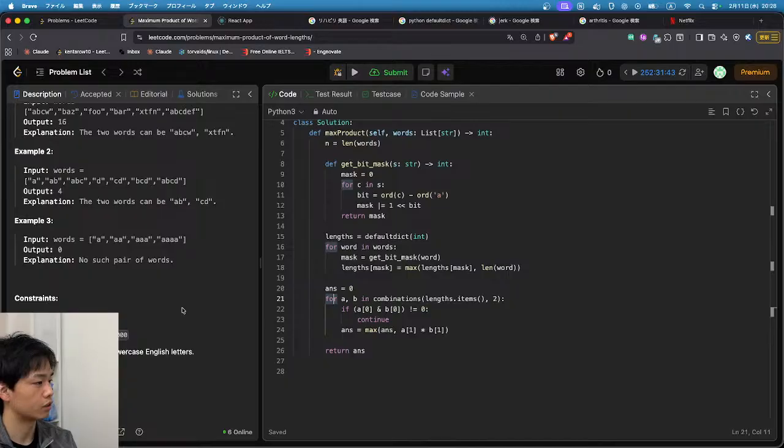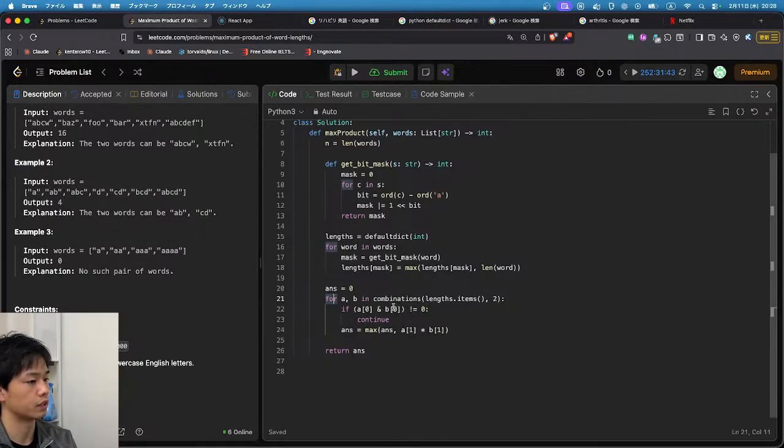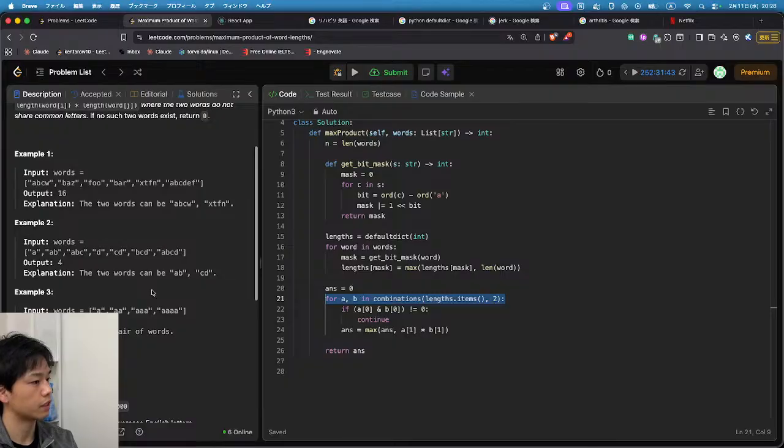So it's not good. So we have to reduce the time complexity, but basically we cannot reduce this part, right? Basically we have to check all combinations.